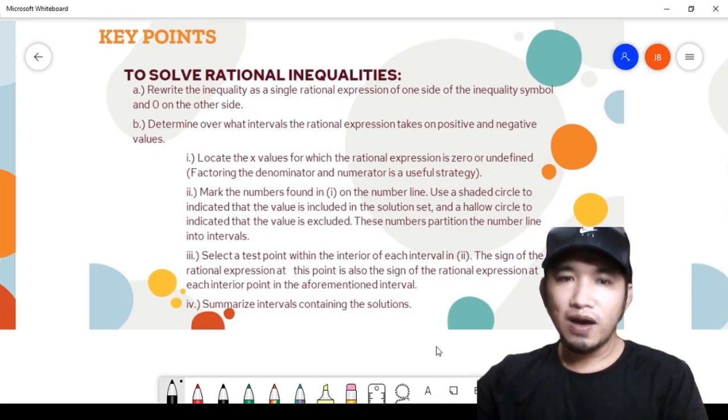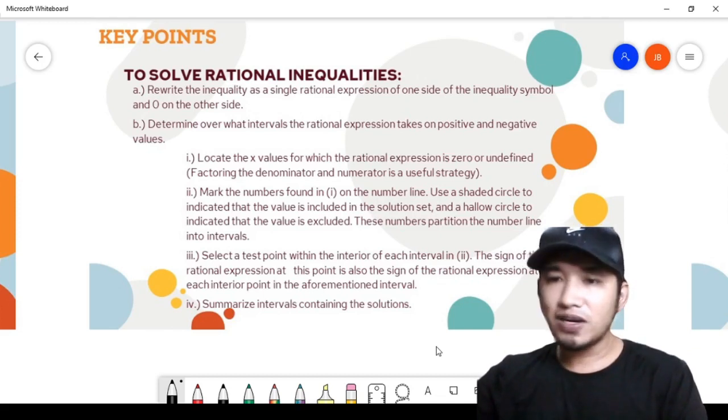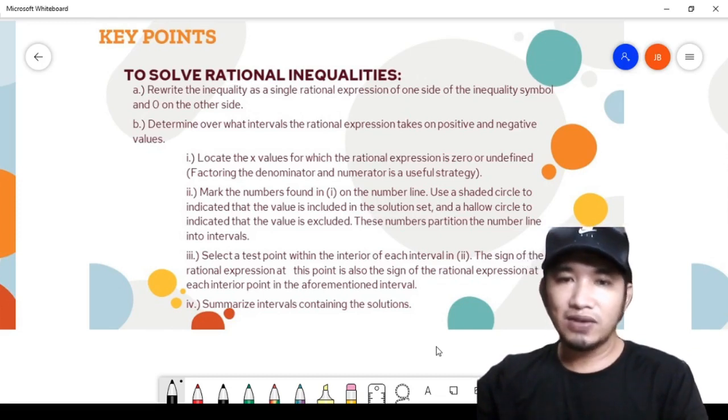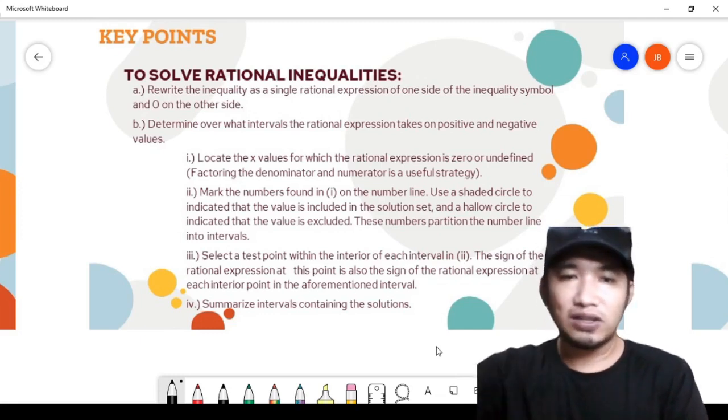Okay, number 2, mark the numbers found in I on the number line. Use a shaded circle to indicate that the value is included in the solution set, and a hollow circle to indicate the value is excluded. These numbers partition the number line into intervals.